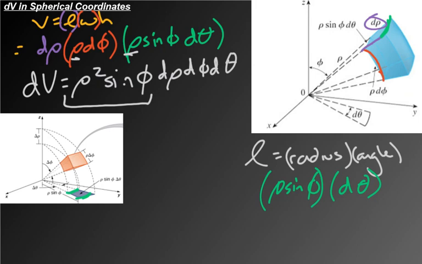Okay. So a lot of setup, but I want to make sure we have time to go through one of these examples. I want to use spherical coordinates to find the volume of the solid that lies above the cone, z equals the square root of x squared plus y squared, and below the sphere, x squared plus y squared plus z squared equals z. We're finding the volume of that solid with a triple integral.